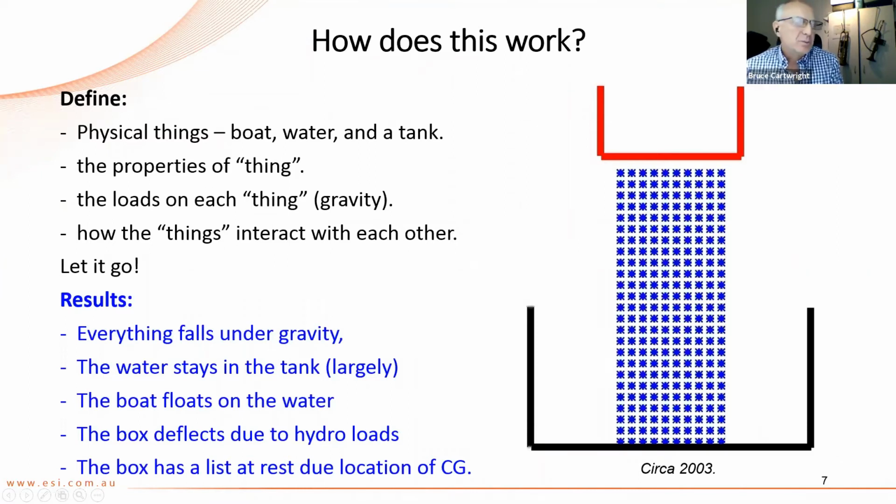So as we mentioned, this is like physics modeling software for virtual prototyping of things. Things can be anything. In this particular case, it's a really simple example just to show the fundamentals. The red box is like a cross-section through a boat. The blue pile of little stars is our little particles representing water. And then we've got this black thing down the bottom, which is the tank.